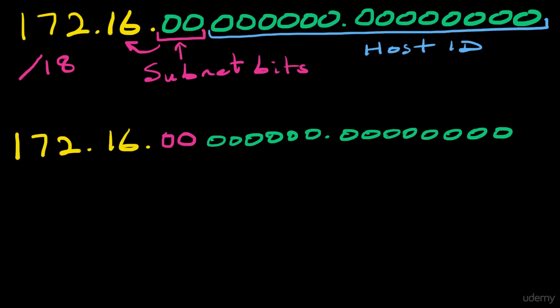And there you go. My next network ID would be 172.16.01, and the remaining bits would be host ID.